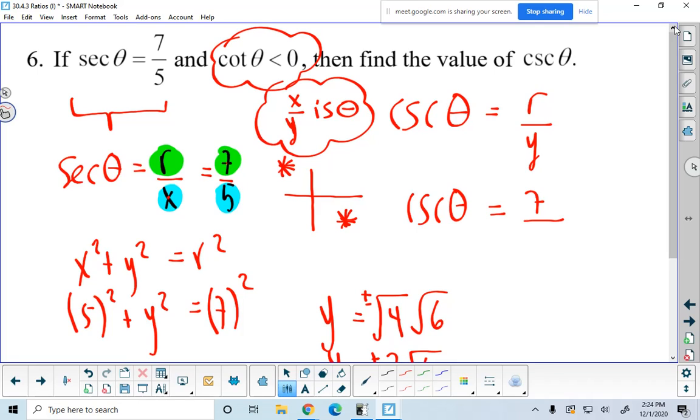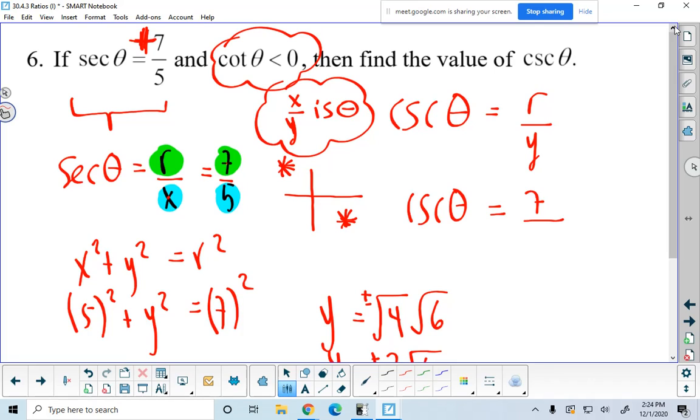But if x over y is negative, it has to be in quadrant 2 or 4. Why do I know that it's in quadrant 4? Because secant was positive. And if secant is positive, x must be positive, because r is never negative.